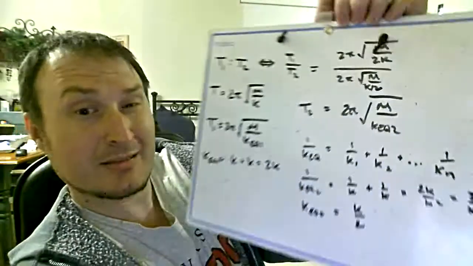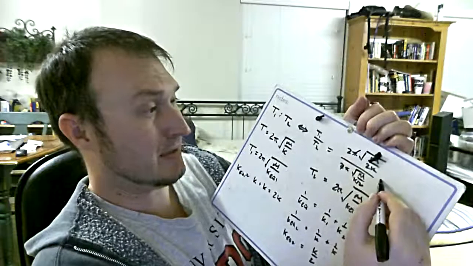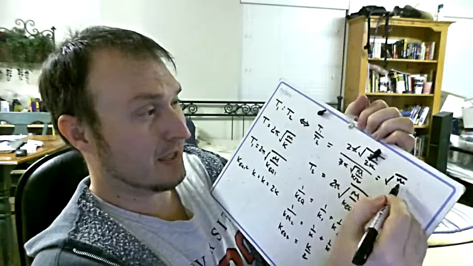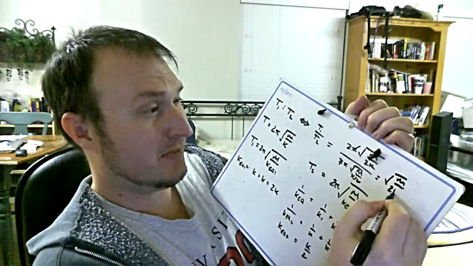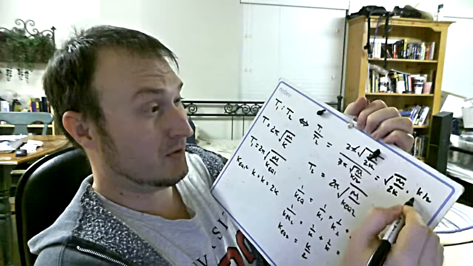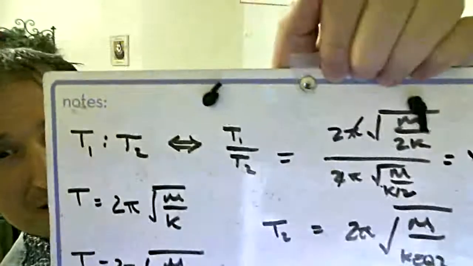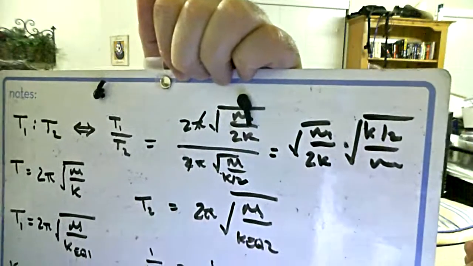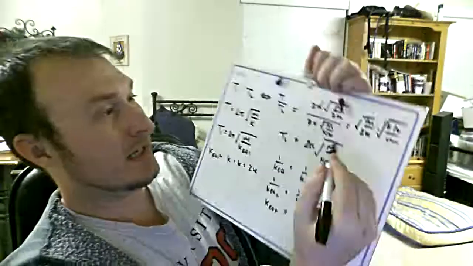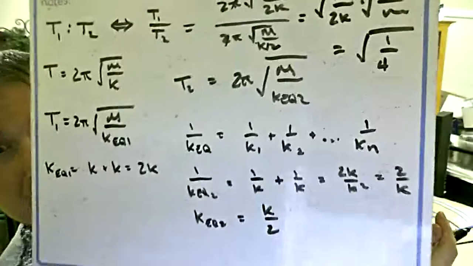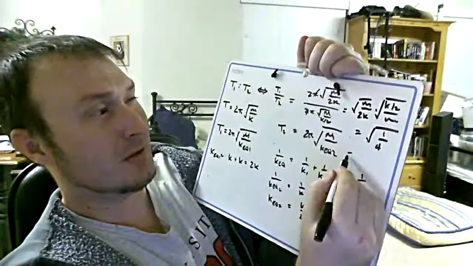You cancel that, and to divide, just invert and multiply. Taking an extra step there, if it keeps you from making a dumb mistake, is certainly worth it. So k over 2 over M. That's how I would work my algebra there. You see the M's cancel and the k's cancel, and I get the square root of 1 over 4, and that equals 1/2.